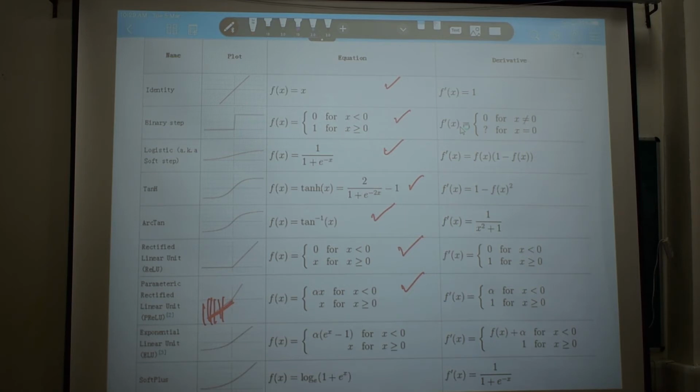Then exponential ReLU says that instead of the linearity itself, where you are still decaying but it is still a linear thing, here it is linear, here it is exponential. And then there is the softplus, which essentially says that if I take this thing just above, it's shifted upwards.